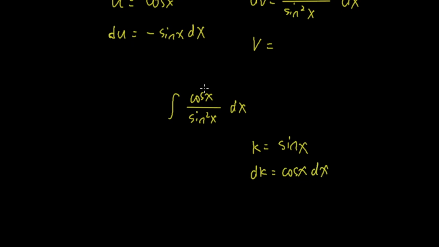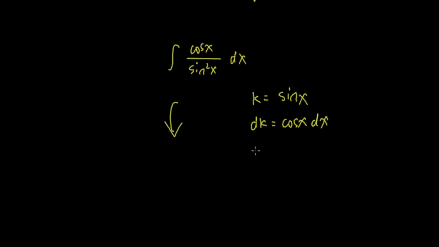Now I can replace this with dk, right? So this integral just becomes the integral of 1 over k squared dk. That's the same as the integral of k to the power of negative 2 dk.